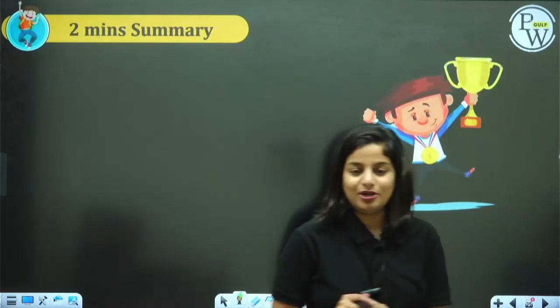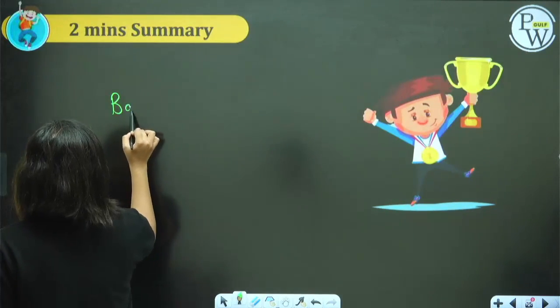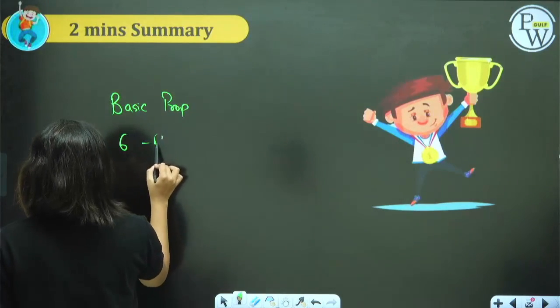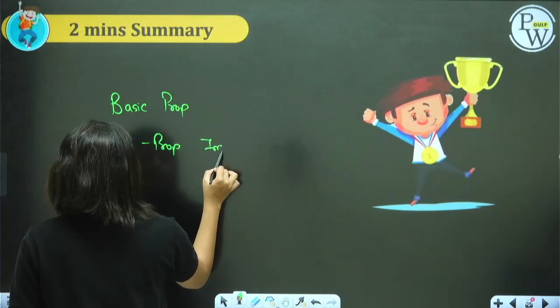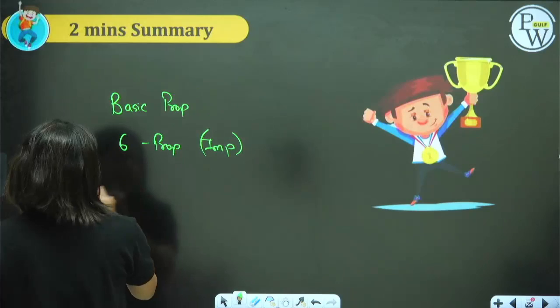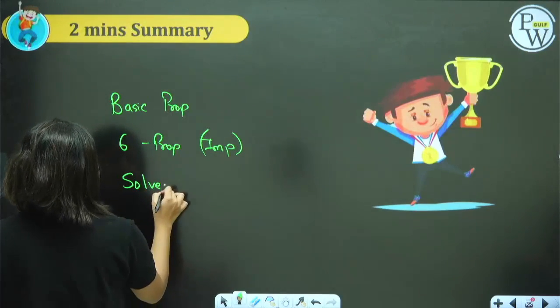2-minute summary. What is there in the summary? In the ITF chapter, we studied some basic properties, then 6 important properties which are very important. Most of the questions are based on that. In the end, we practiced lots of questions.